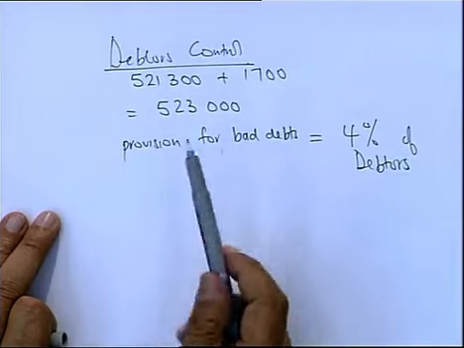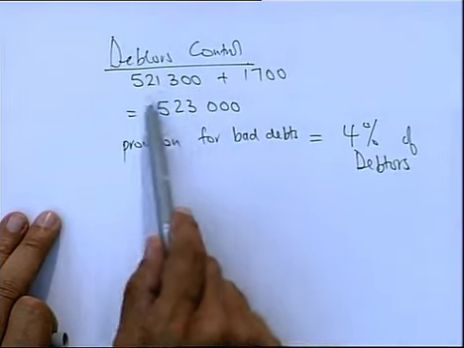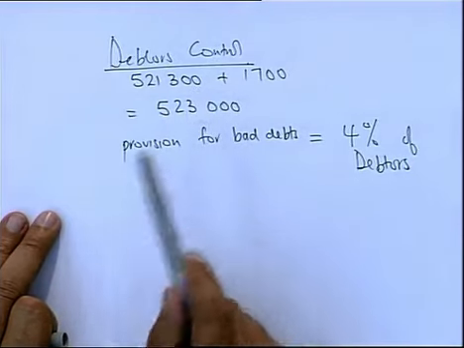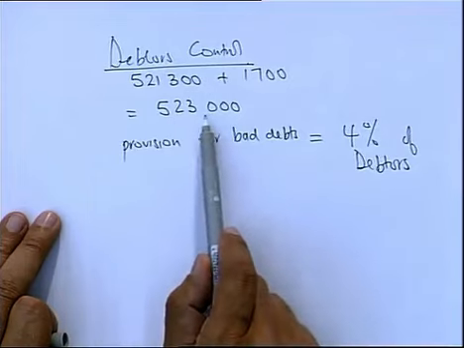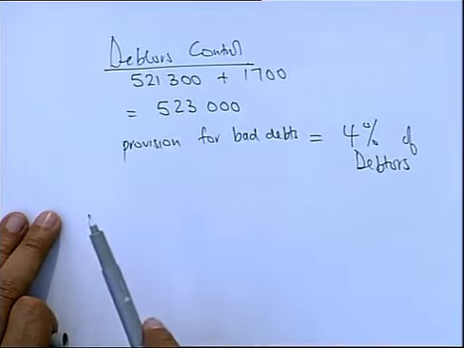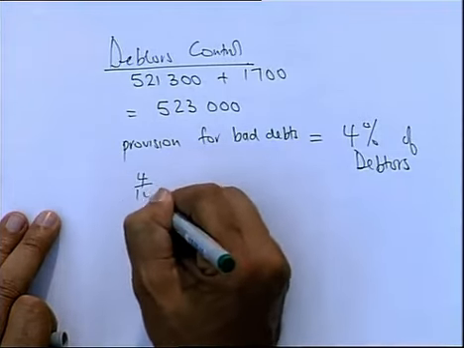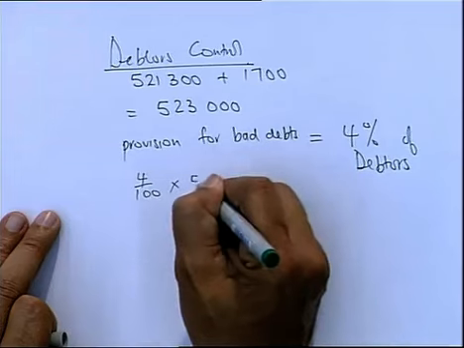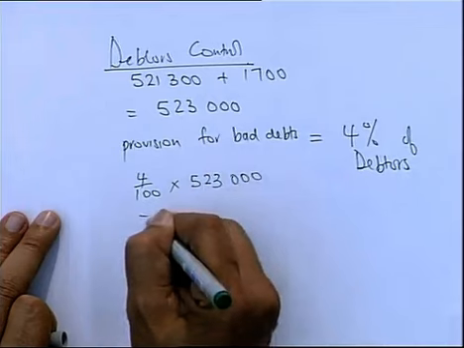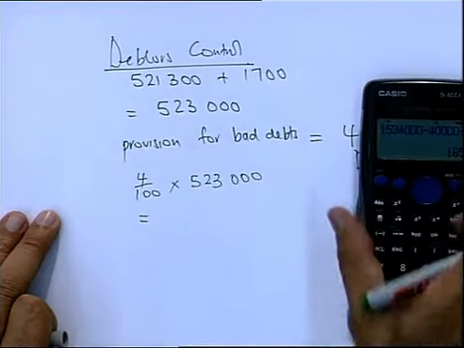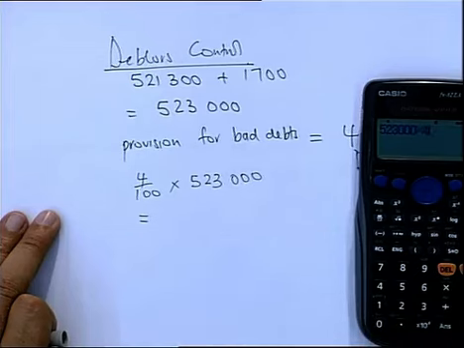Not the 4% of the 521,300, but 4% of the new balance or the balance of the outstanding debtors, which is 523,000. So we calculate 4%, so it's 4 over 100 times 523,000.